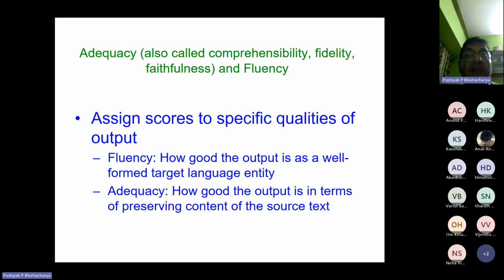And as a student of NLP who has been doing this course until now, you will recognize that fluency is a matter of language modeling.